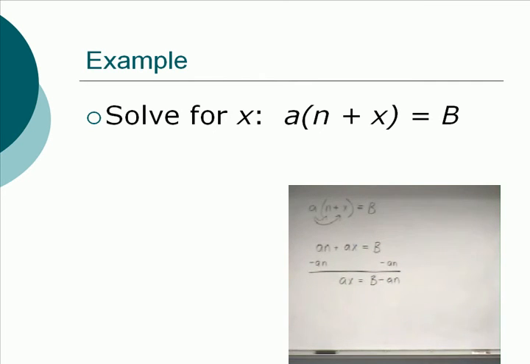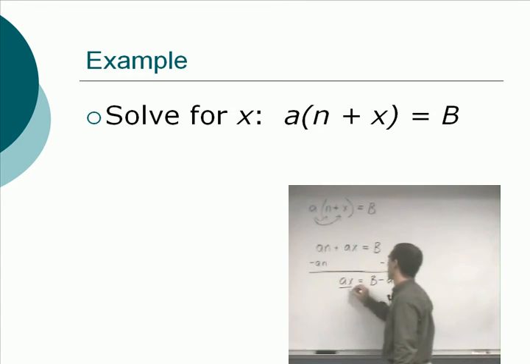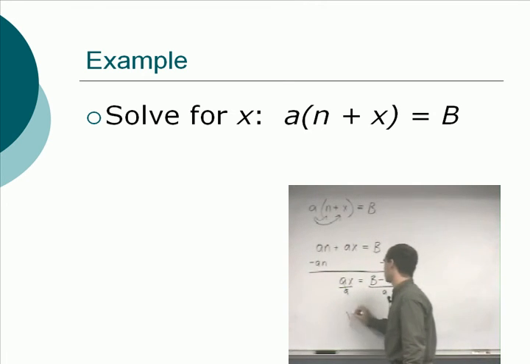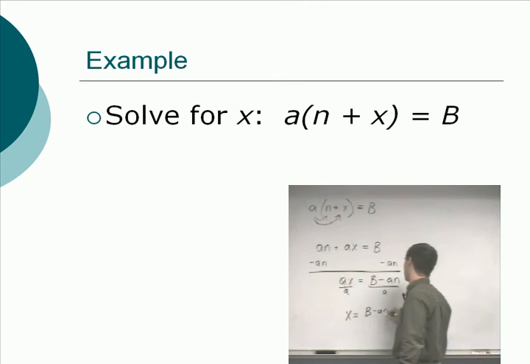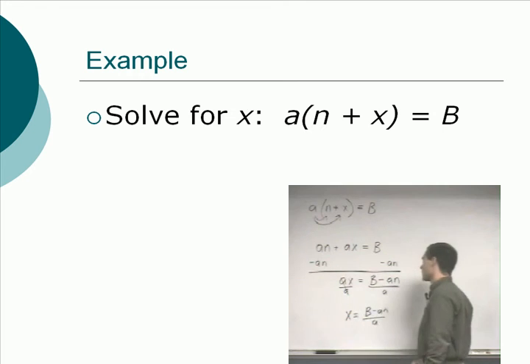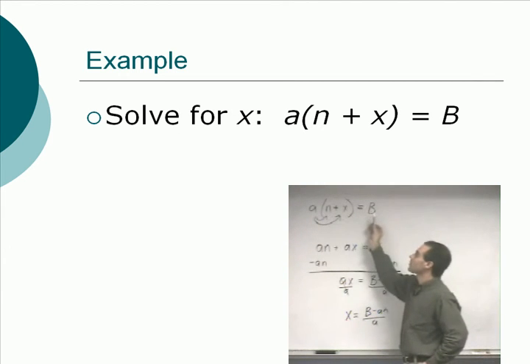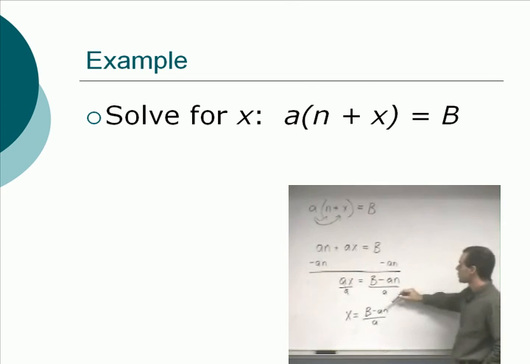We can divide off the a, and x is equal to... We're done. Now it's worth noting that had you gone the other direction, had you divided both sides by a, you'd get a slightly different answer, and I'm going to show you how to manipulate this to see how else the answer could look.